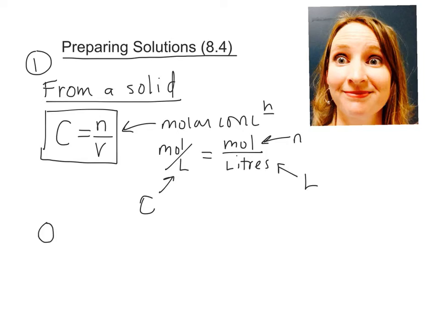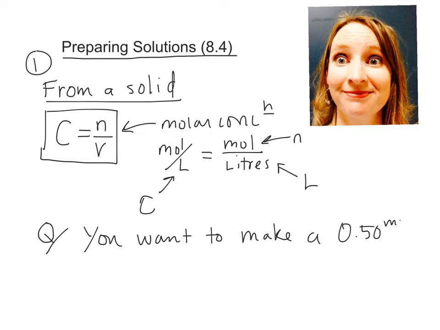So just to start us off, let's look at a fairly straightforward question about how to make a solution from a solid. So let's say you want to make a 0.50, pay attention to sig digs, that has 2 sig digs, mole per liter solution of copper(II) nitrate.